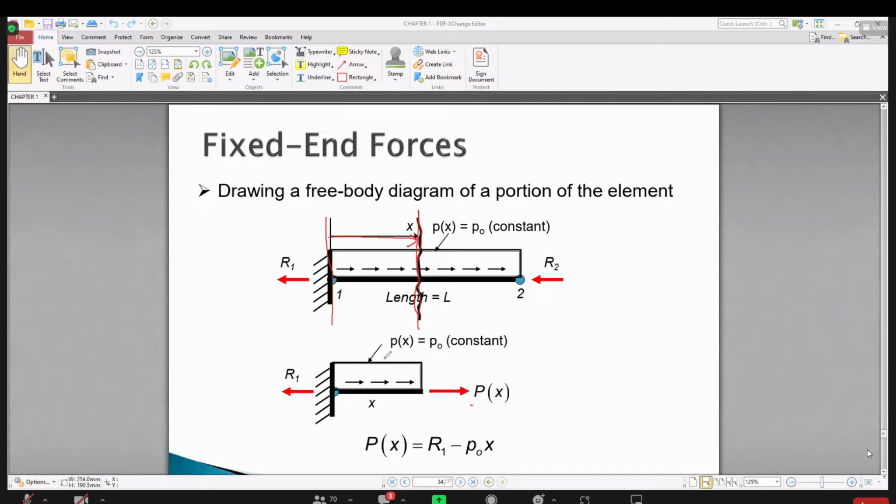The total force is P sub O times x. So the force here, as a function of x, would be R1 minus P sub O times x, where x is the length.